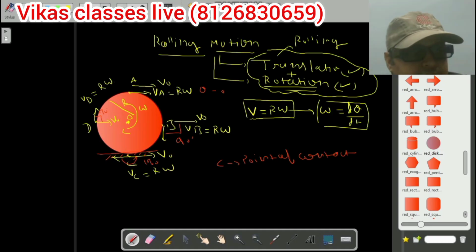What is the angle between the linear center of mass velocity and the angular velocity due to rotation, Vc equal to r omega? The angle is 180 degree. What will be the resultant velocity at point C?